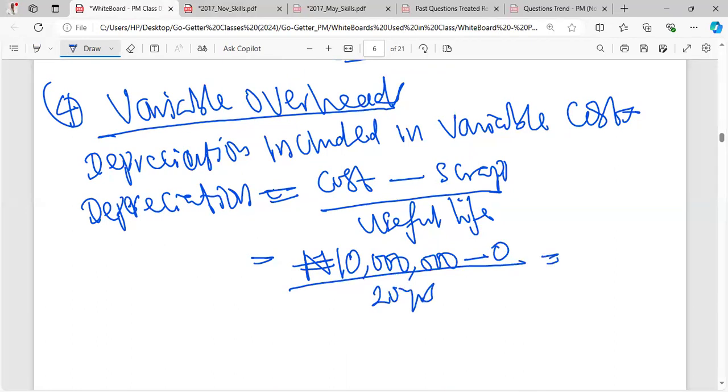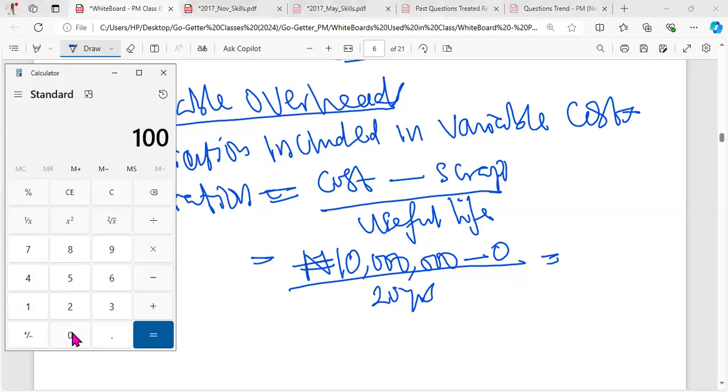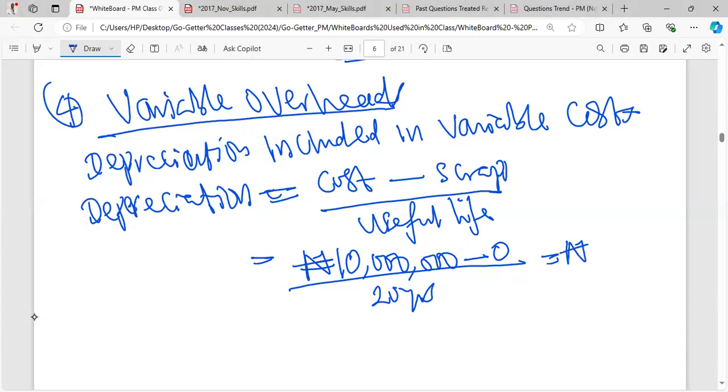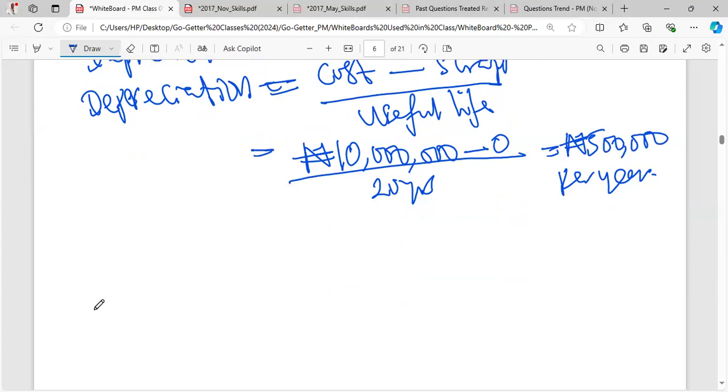So what does that give us? We come here, 10 million divided by 20 years is 500,000 per year.